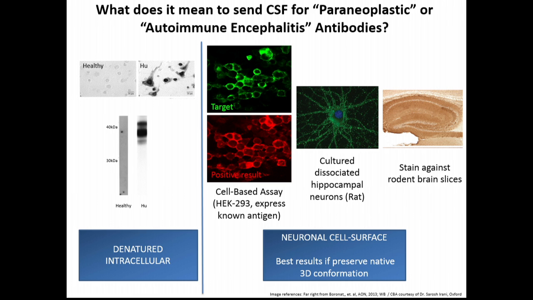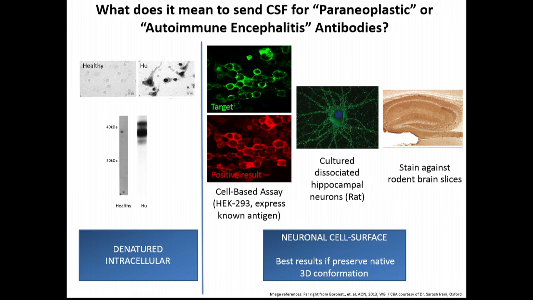To say, do you want all these neuronal cell surface antibodies, or do you just want a paraneoplastic? Are you working up an encephalitis, or are you working up someone with a known cancer who has a neurological problem, et cetera? So I would really encourage you to dig deep. When you hear that someone had paraneoplastic antibodies sent, that doesn't really mean much anymore. You need to know exactly which ones were and weren't sent.